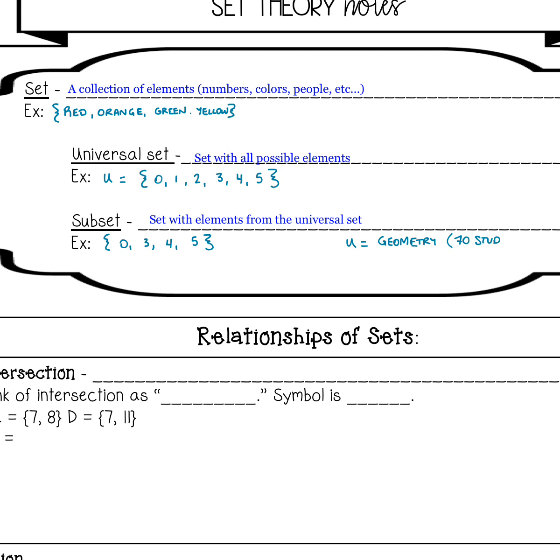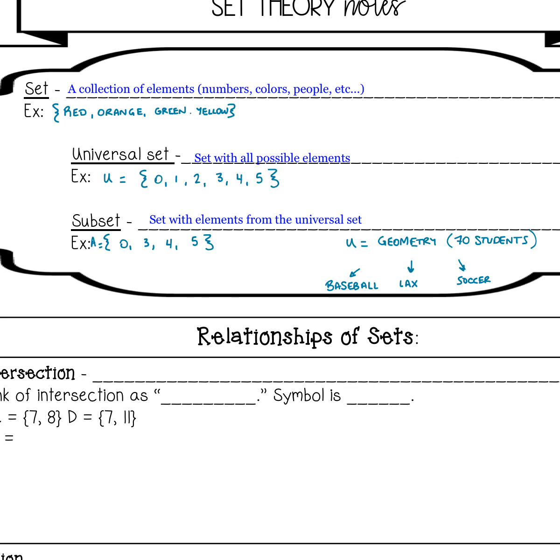If I were going to make subsets, the first subset would be students who play baseball that are in geometry class. Students who play lax that are in geometry class. Students who play soccer that are in geometry class.